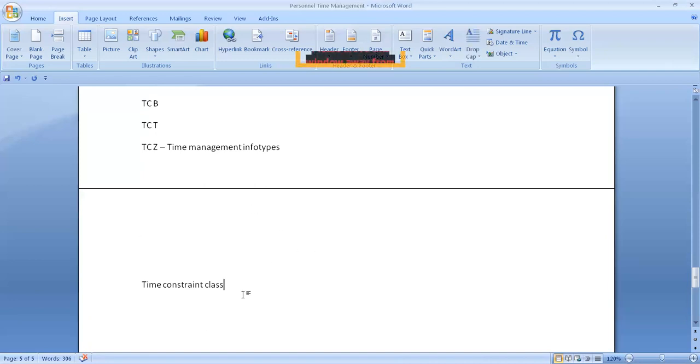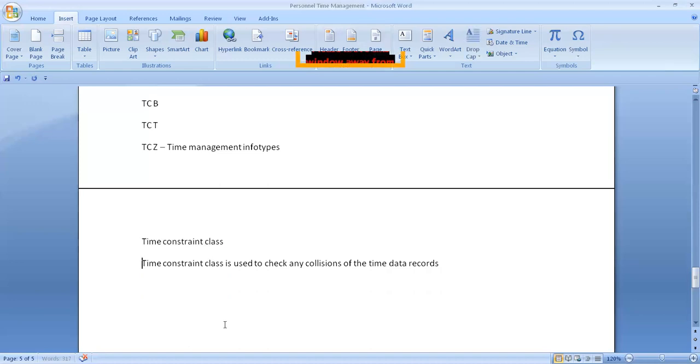Time constraint class is used to check any collisions of the time data records.